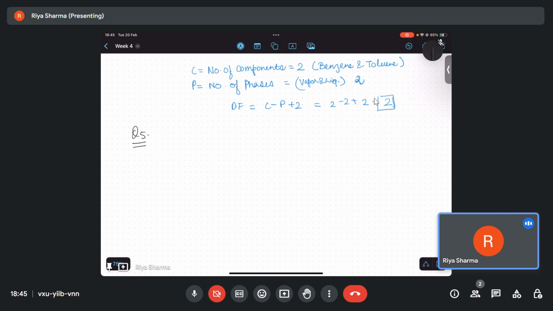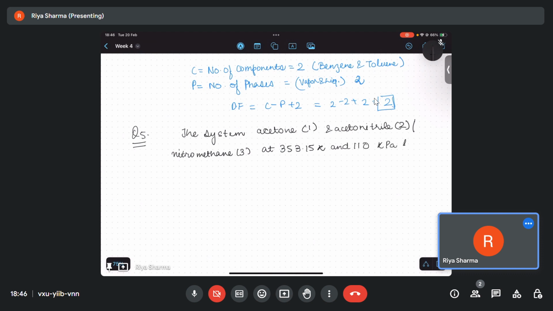So the question says the system acetone, acetonitrile, nitromethane at 353.15 Kelvin and 110 kilopascal has the overall composition of 0.45, 0.35 and 0.20 respectively.